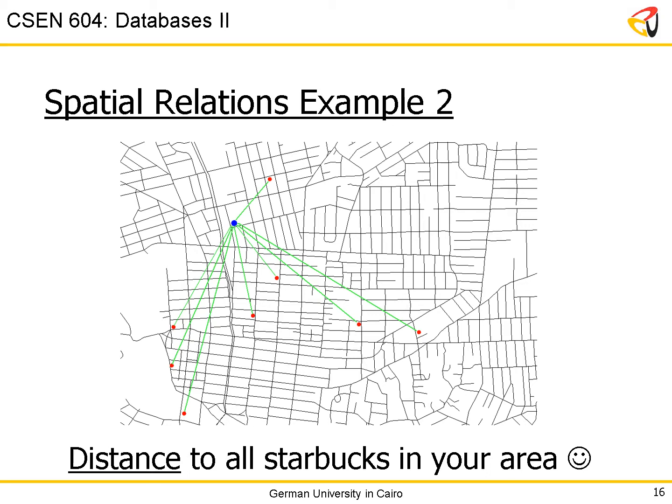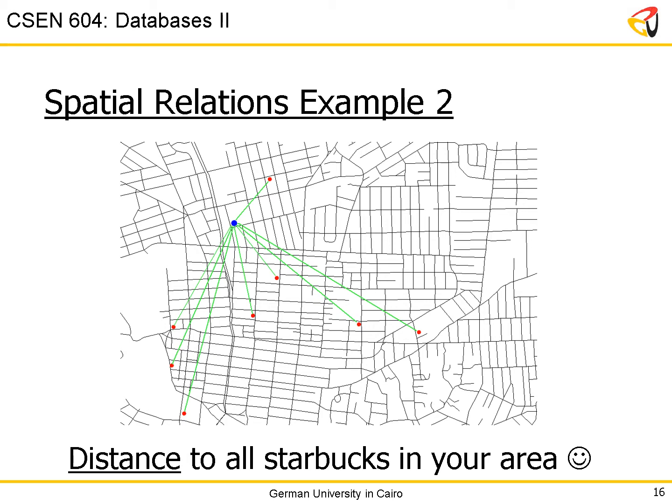Notice here that this distance calculation, just like in the previous slide, is not respecting the streets. In other words, this is a straight line distance. But if you'd like to know the distance between you and the closest Starbucks, and you're talking about the driving distance, which means the distance you're going to travel through the streets, that's going to be something else.